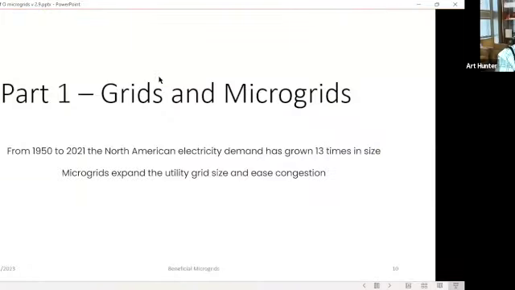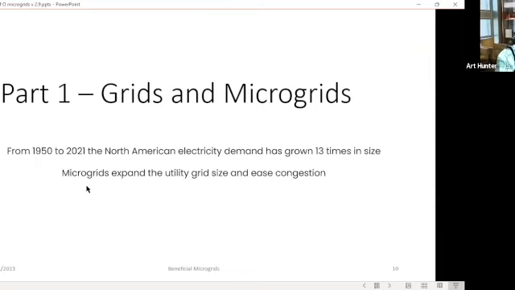Now, grids and microgrids: from 1950 to 2021, the North American electricity demand has grown 13 times in size, just enormous. And they're still looking at further extension and growth.